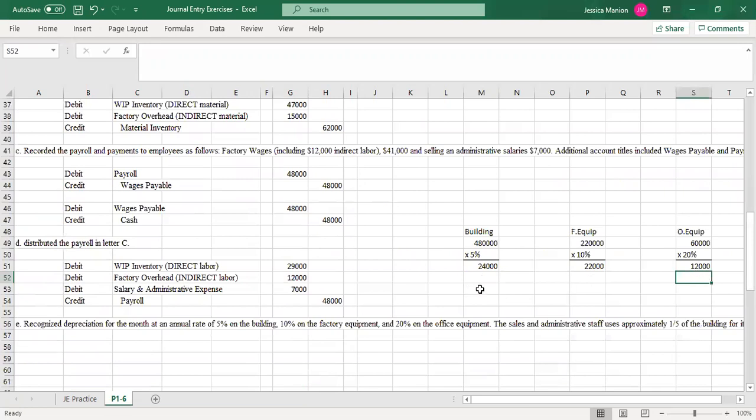All right, again, those are all annual figures, right? So now we want to break it down into monthly totals. So now we want to divide by 12. So equals 24,000 divided by 12. So that's our monthly figure. Equals 22,000 divided by 12.